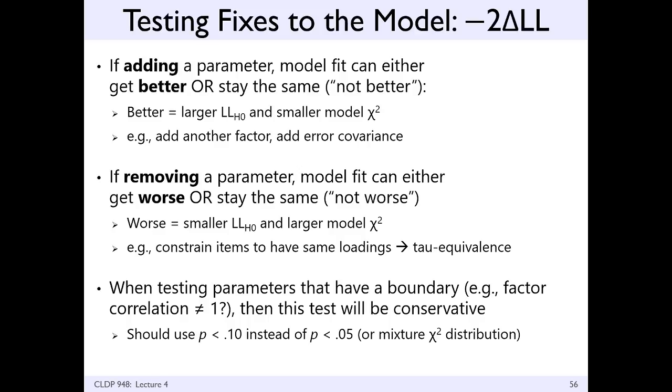It would be a mixture. So you see this in testing variances in random effects models or multi-level models. That just means that if you are testing this hypothesis, technically speaking, your critical value for a chi-square should be 2.71 instead of 3.84. Very few times will you be on the boundary where that thing would matter, but I just wanted to put that in as an aside.